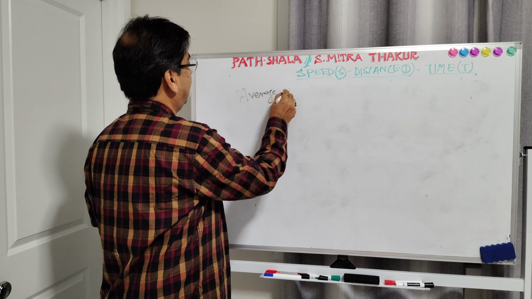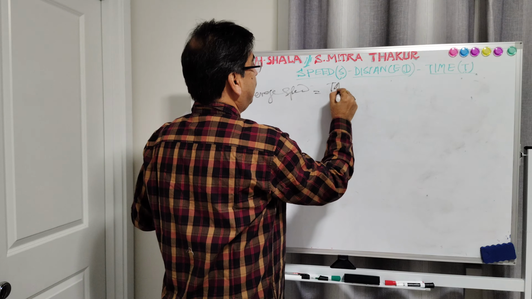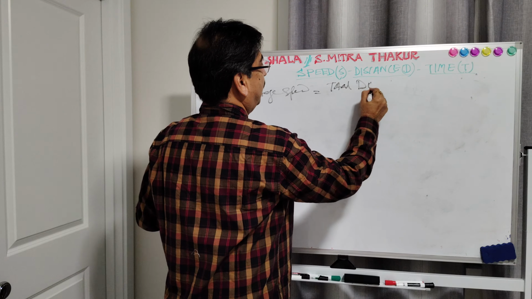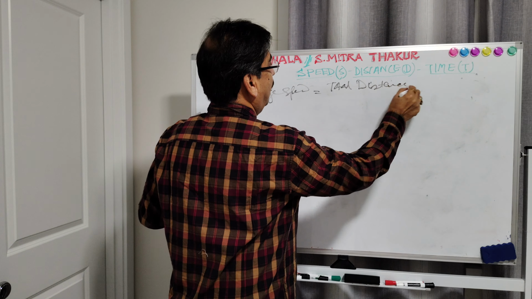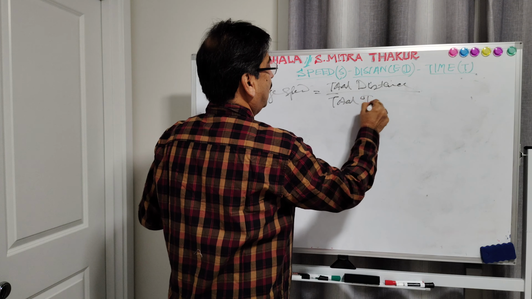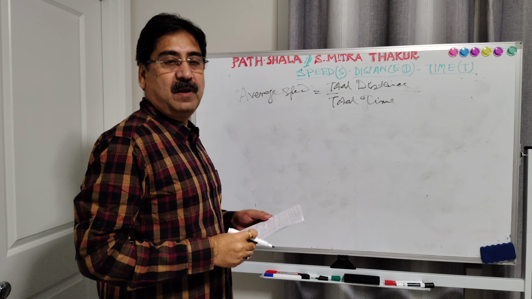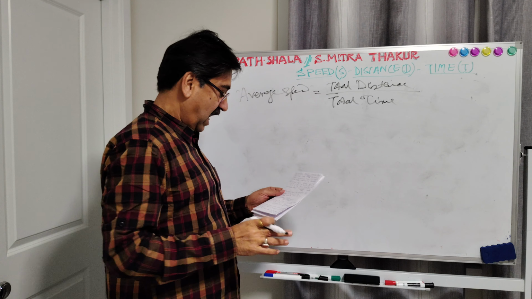Average speed equals total distance by total time. Total distance covered by a car in total time.